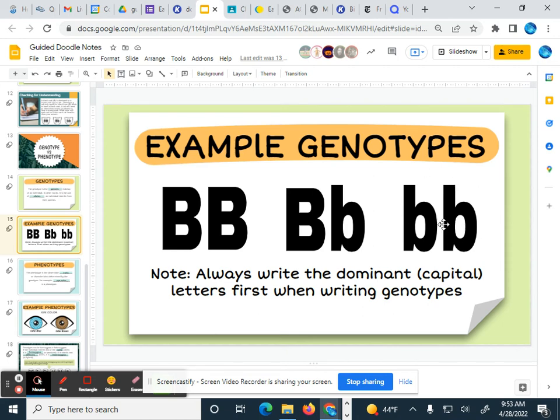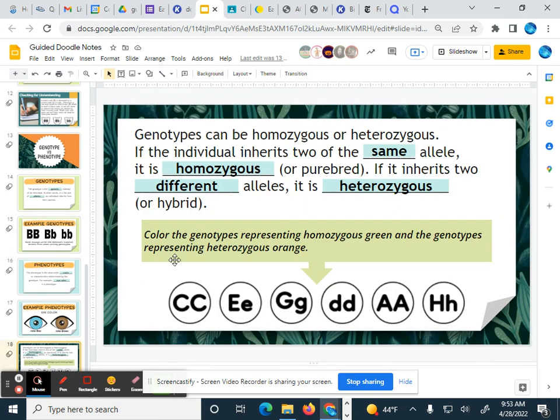Everyone. Come on, everyone. Good. Homozygous dominant, homozygous recessive, heterozygous. Very good. I hope you got it because now we're going to practice on these. First organism, capital C, capital C. I need everyone over here.